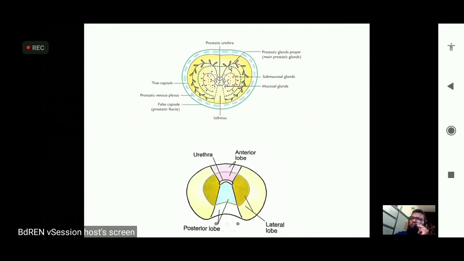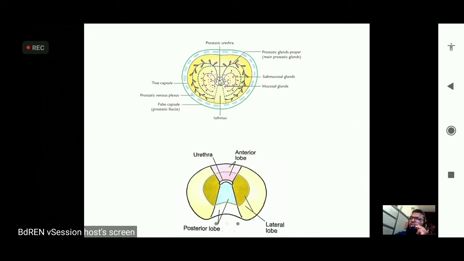And usually the carcinoma of the prostate involves these main prostatic glands peripherally, and the mucosal and submucosal glands in the center are actually related with the benign hyperplasia of the prostate or benign enlargement of the prostate.